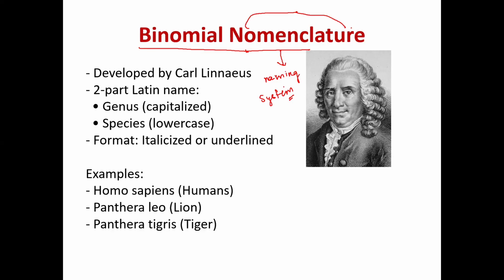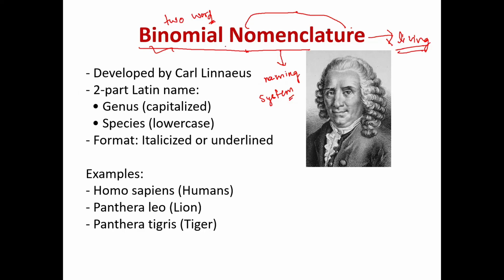In biology, we use a special system called binomial nomenclature to name living things. It's a naming technique only for living organisms, not for non-living things. Binomial means a two-word naming method. We give two words to a single organism.